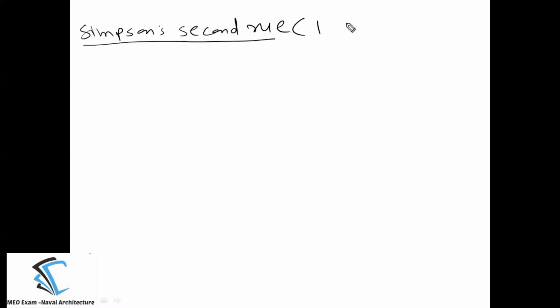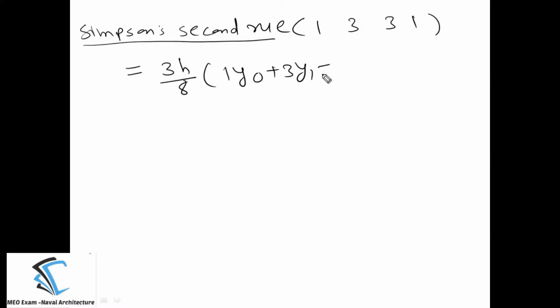Now coming to Simpson's second rule. In Simpson's second rule, the Simpson's multiplier is 1, 3, 3, 1 and the formula for this is 3h by 8 times 1y0, 3y1, 3y2 and 1y3, like this.